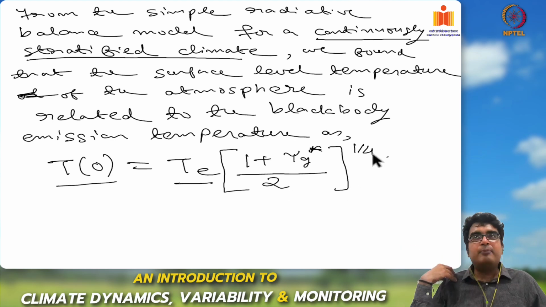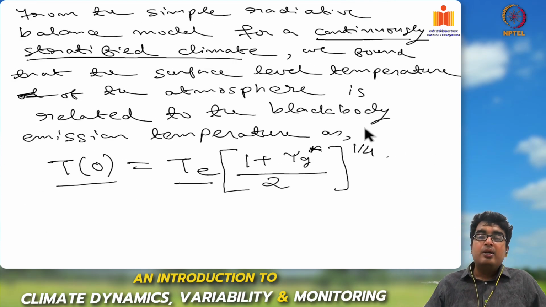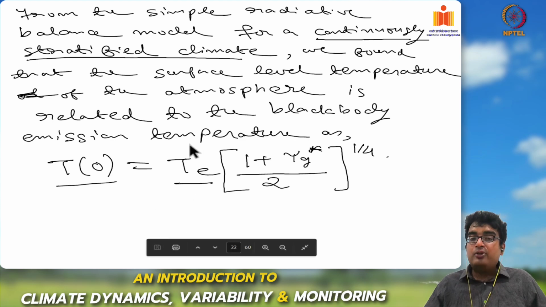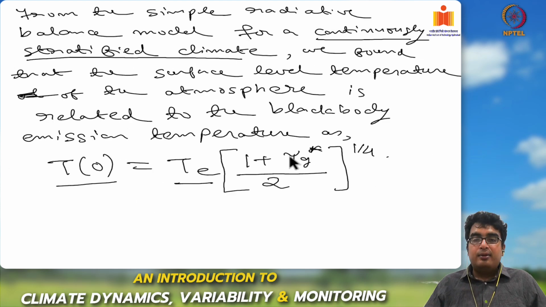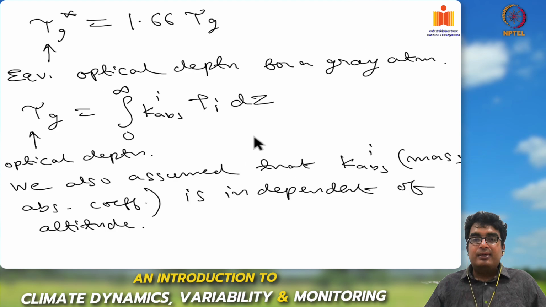You can go over previous notes and see this derivation done. So here we have a relationship with the surface air temperature, which is usually the default temperature we consider as the steady state temperature of interest, equal to the blackbody emission temperature into a certain emittance-like term. Where tau g star is basically 1.66 into tau g, the optical depth for a gray atmosphere at the ground.